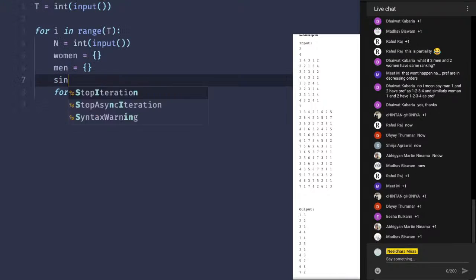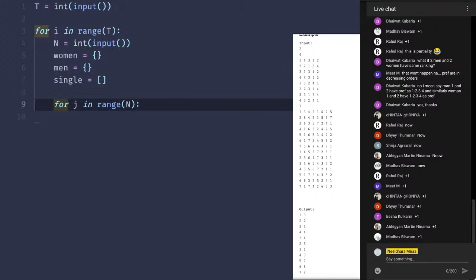And I would also like to store at any point the set of all single men, because we're going to say something like, while this list of single men is non-empty, we want to keep going. Okay. So I think we may want to write down a separate function to solve this problem. So we may not need the single thing here, but we'll see.